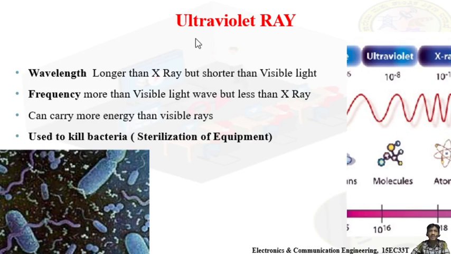The next is ultraviolet ray. In the case of ultraviolet, that is UV ray, it is the electromagnetic spectrum having a wavelength longer than X-ray but shorter than visible light, and a frequency more than visible light but less than X-ray.